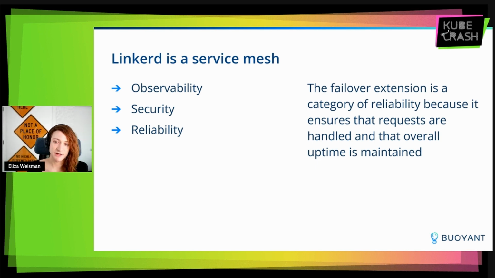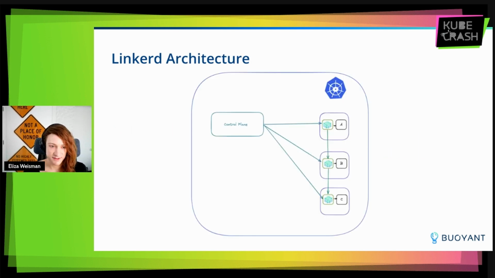And finally, reliability. We can add things like retries, timeouts, and so on at the network layer instead of having to implement them in the application. The failover extension we're going to be talking about today is part of this pillar of reliability. It ensures that if something goes down, everything still works, uptime is maintained, and requests are still handled, as it says in the slide.